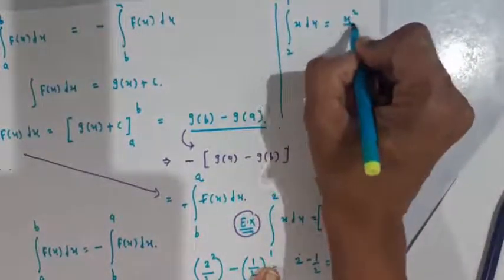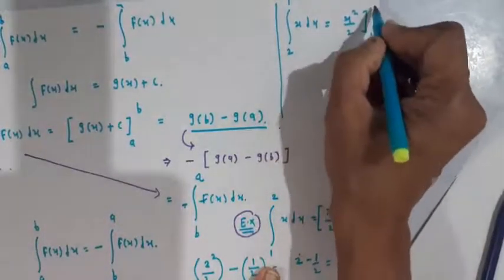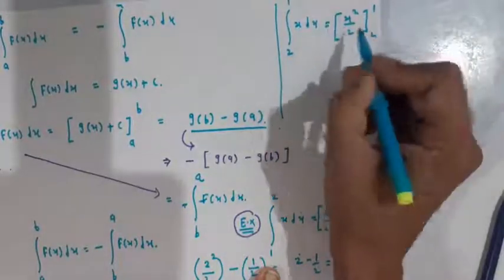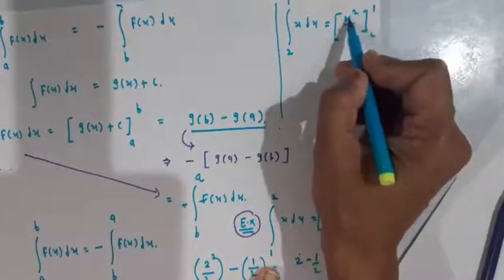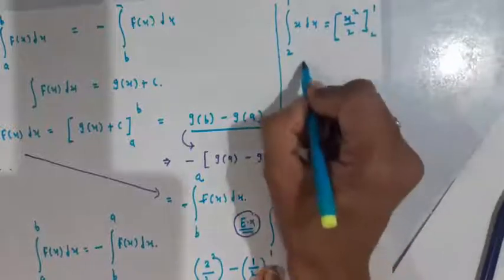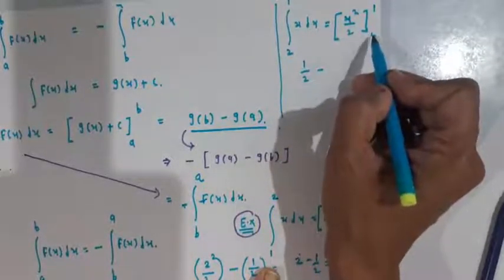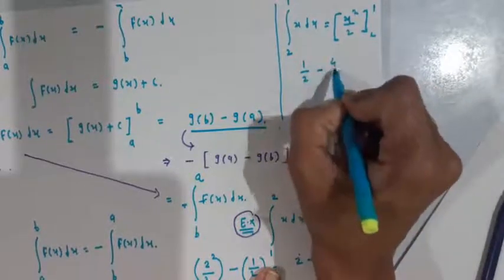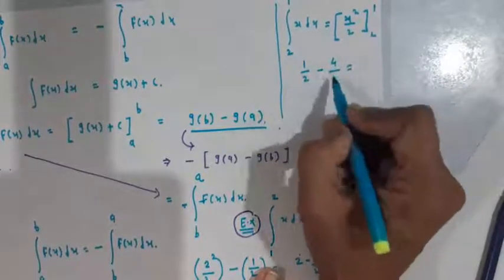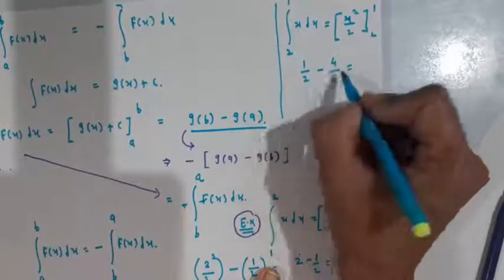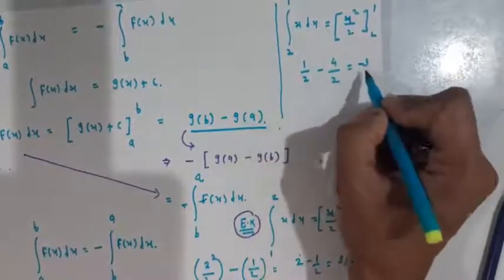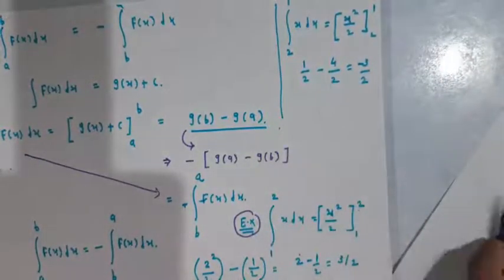This is x square upon 2 from 2 to 1. Put the upper limit, 1 square upon 2, which is 1 by 2, minus the lower limit, 2 square upon 2, which is 4 by 2. This is equal to minus 3 by 2.